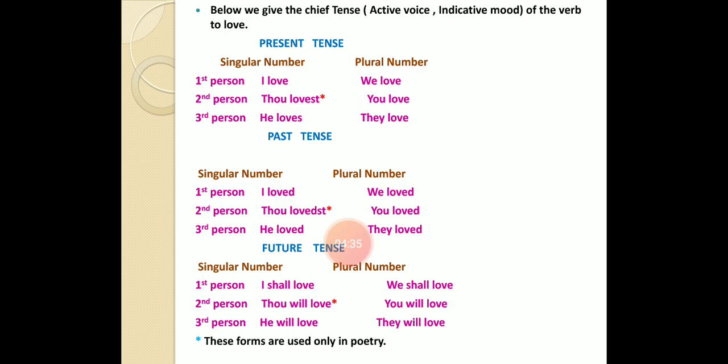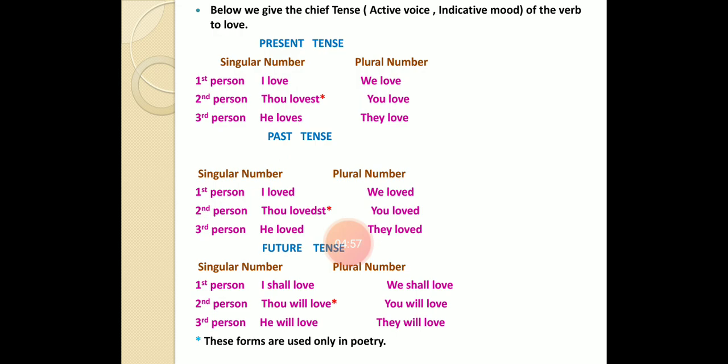Now see, future tense. Singular number, first person, I shall love. In plural, we shall love. Second person, thou will love. In plural, you will love. Third person, he will love. Changed into plural number, they will love.